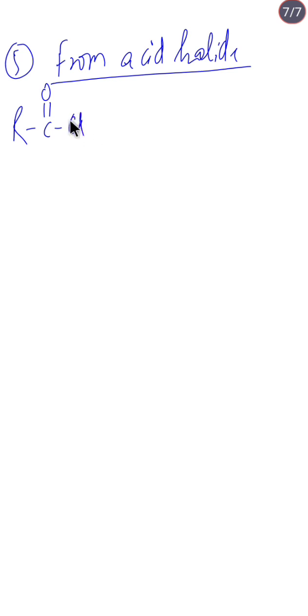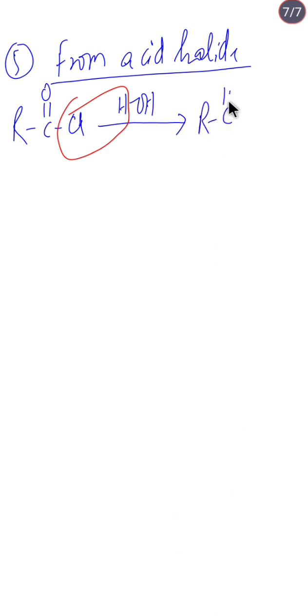This is acyl chloride, and if it is reacted with water, then HCl goes out very easily, because this acyl halide is very reactive. Then we will obtain RCOOH plus HCl.